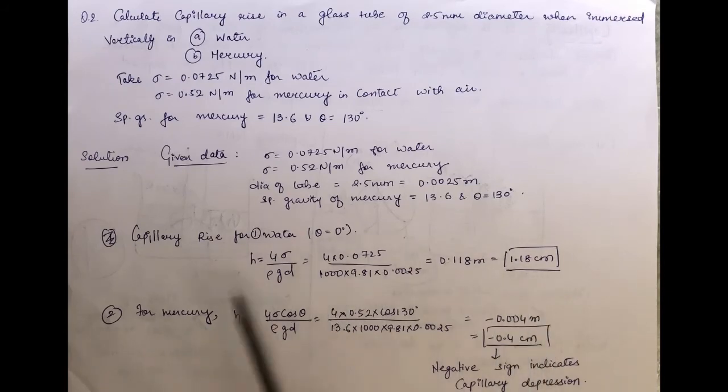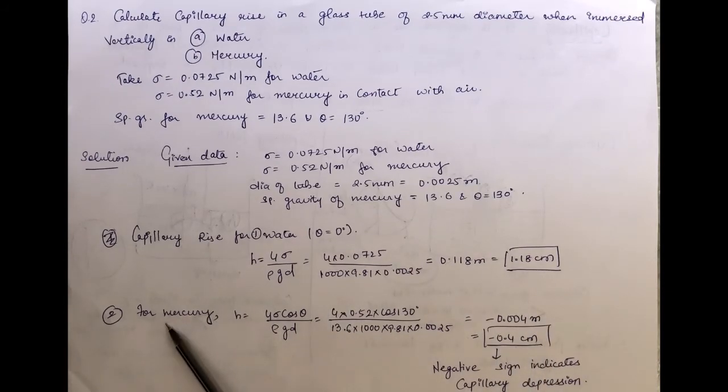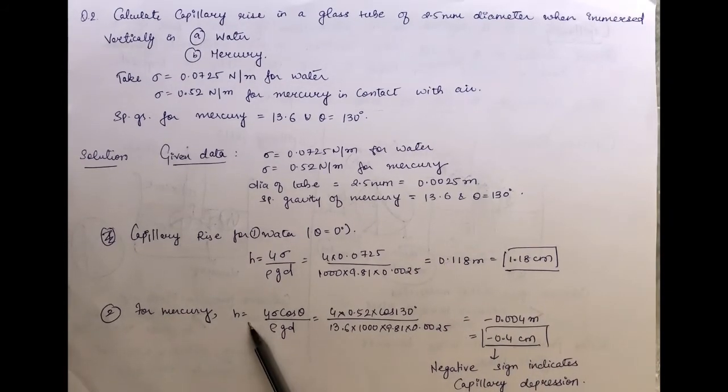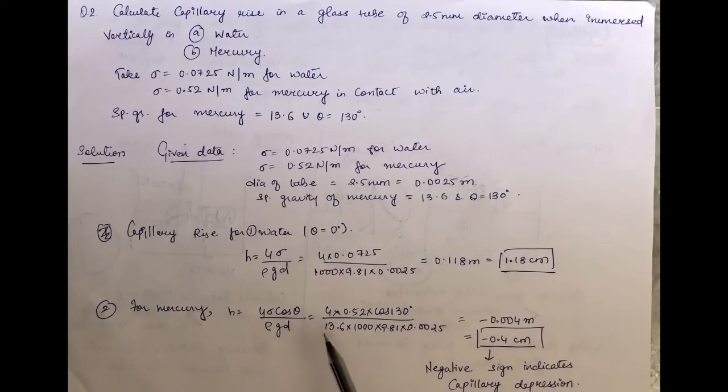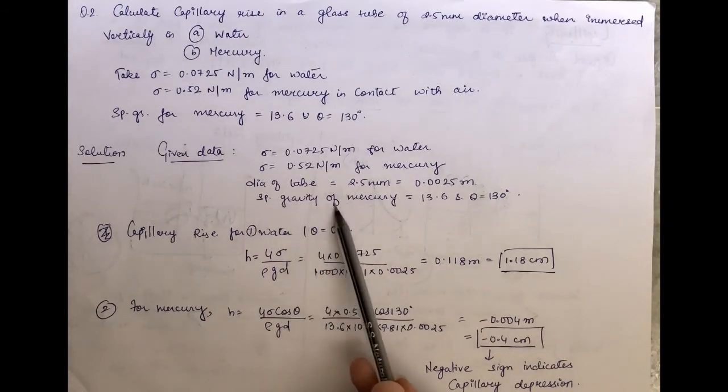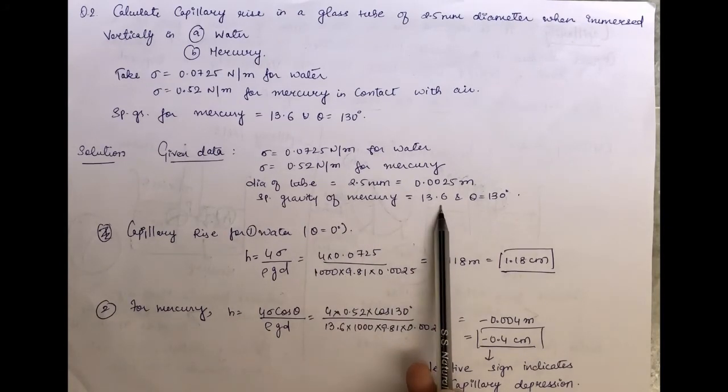Now for mercury, our formula is h equals 4 sigma cos theta upon rho g d. Again substituting all the values, theta equal to 130 degrees, value of sigma, 4, and density of mercury. See here that in the question you have been given the specific gravity of mercury, which is 13.6.